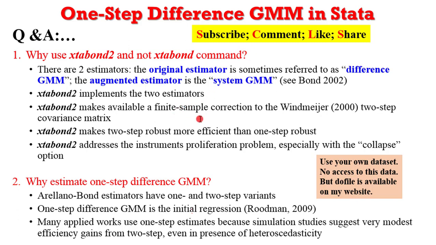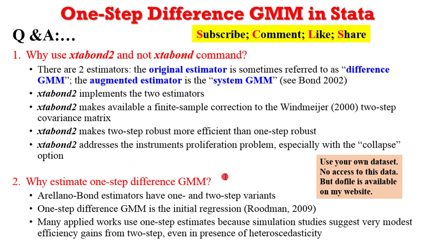It makes available a finite sample correction to the Windmeijer two-step covariance matrix. xtabond2 makes two-step robust more efficient than one-step robust. It also addresses the instrument proliferation problem, especially with the collapse option.